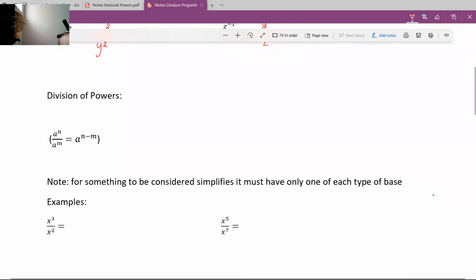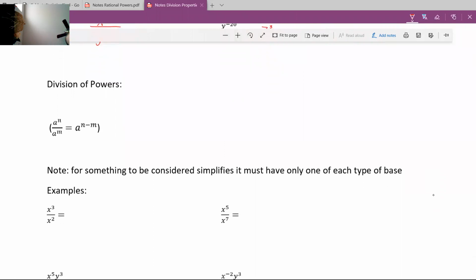The next is the division of powers. So what if I had two things that were the same, but with different powers, and I'm dividing? If they have the same base, or the same big component, subtract the exponents.